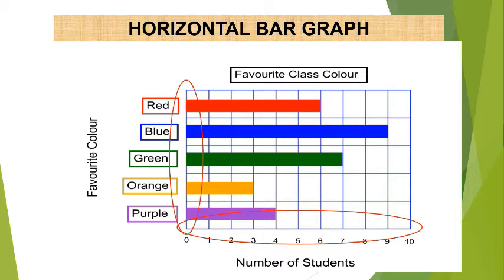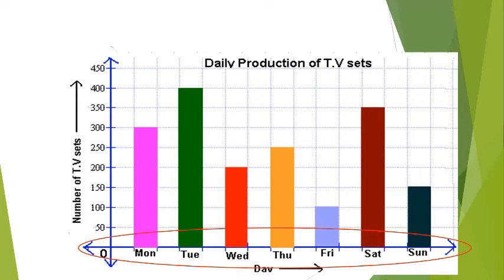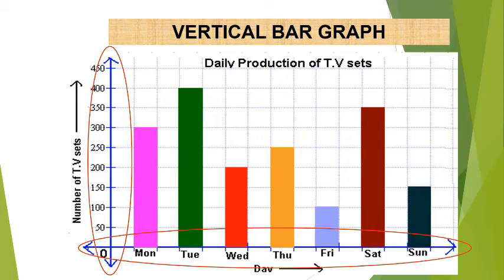Therefore, this is the horizontal bar graph. Now, in this figure, the description is on the horizontal axis and the scale is on the vertical axis. Hence, bars are vertically parallel to the scale. Therefore, this is the vertical bar graph.